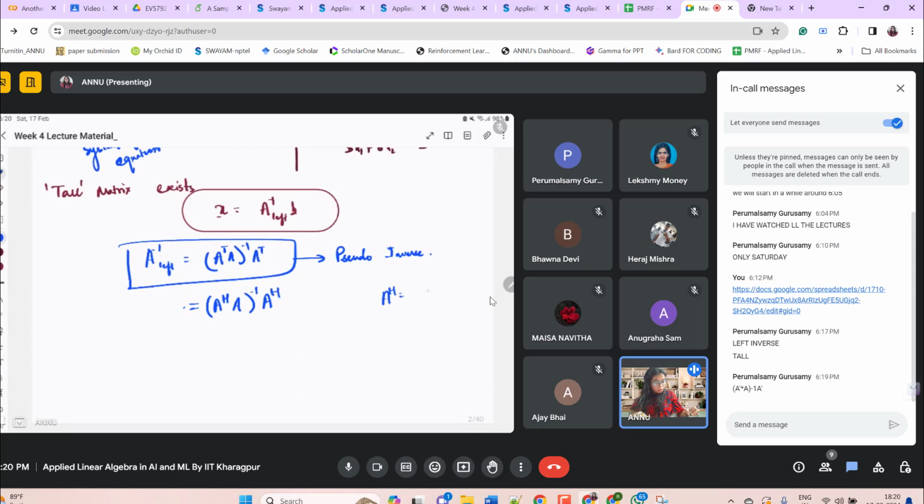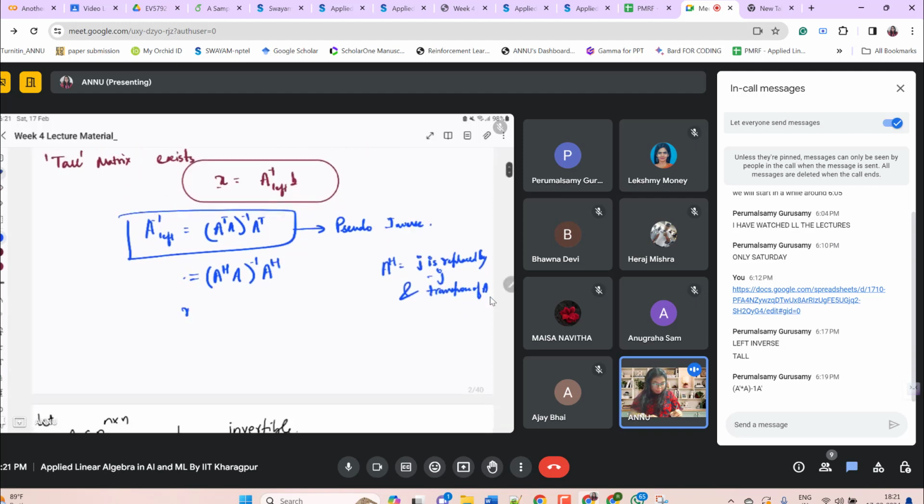It is the transpose of A with j replaced by minus j. That is the case when it has some complex values. Otherwise, if it is real, then (A transpose A) whole inverse A transpose will work.